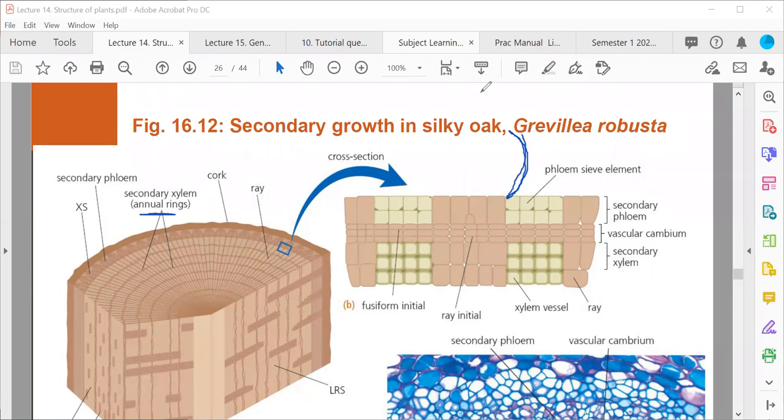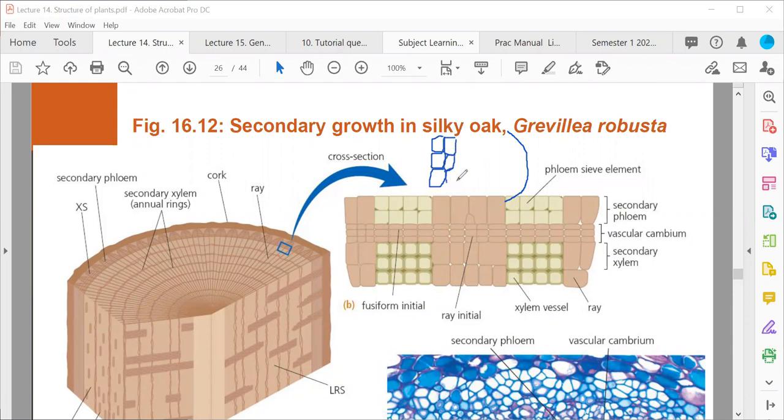Okay, there. Oh, that's getting messy. Let me try that again. All right, let's say this is the outside of a stem. And we have the beginning of the growth season, so growth is very rapid. And the secondary xylem cells that form are very large and thin-walled.